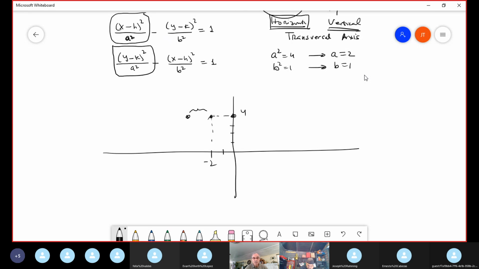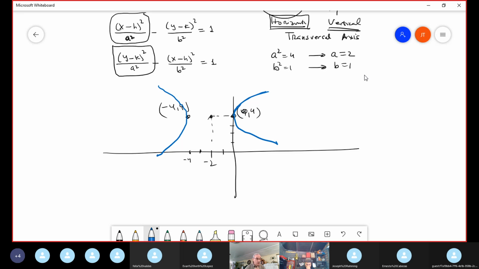So the vertices would be 0, 4 and -4, 4, because actually this is -3 and this is -4. This is my vertex. I suppose that my hyperbola, roughly sketched, looks like that. This is super rough.